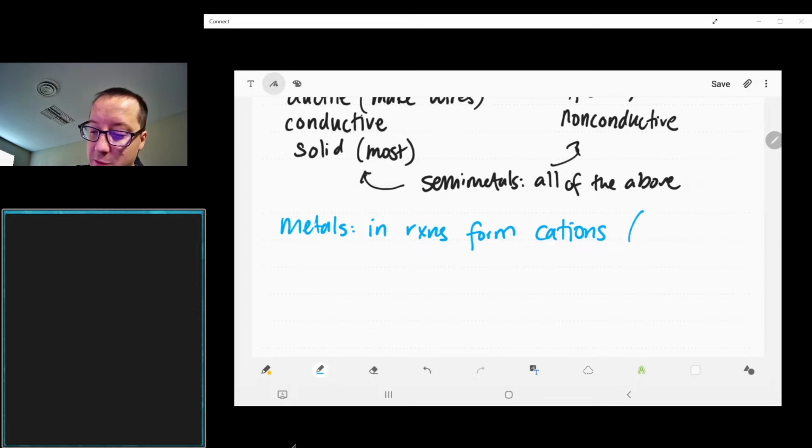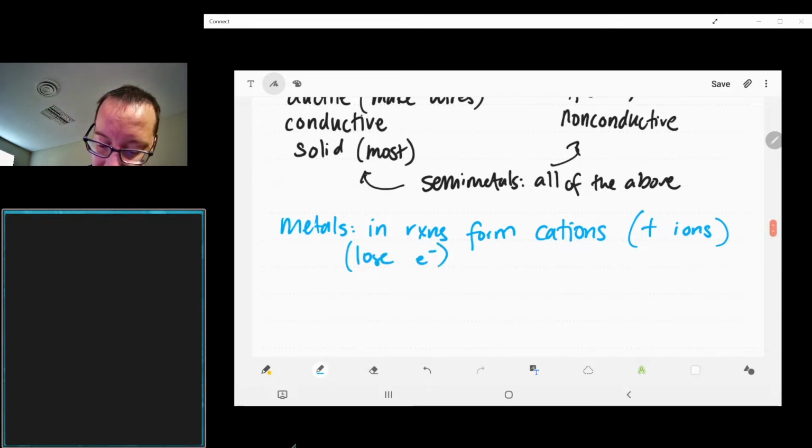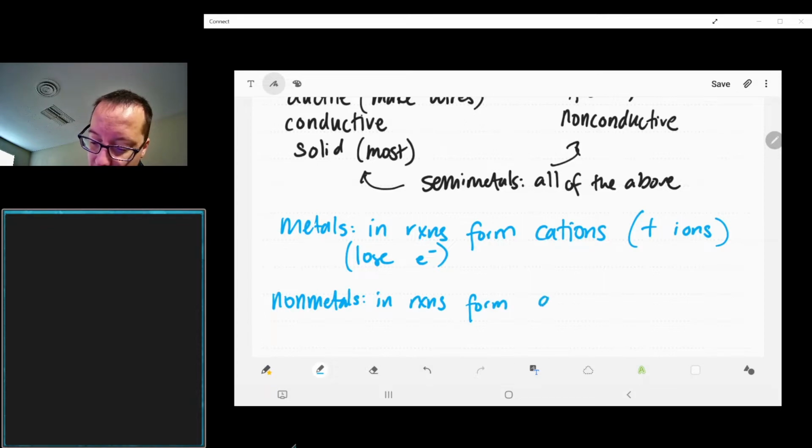We're going to remember those were positive ions, meaning they will lose electrons over the course of a reaction. Nonmetals, on the other hand, will form anions. Those are the negative ones, meaning they're going to gain electrons.